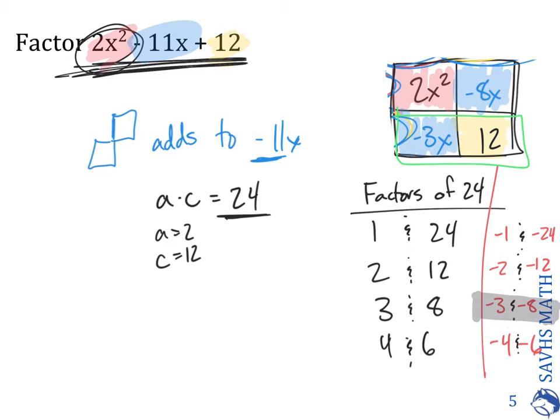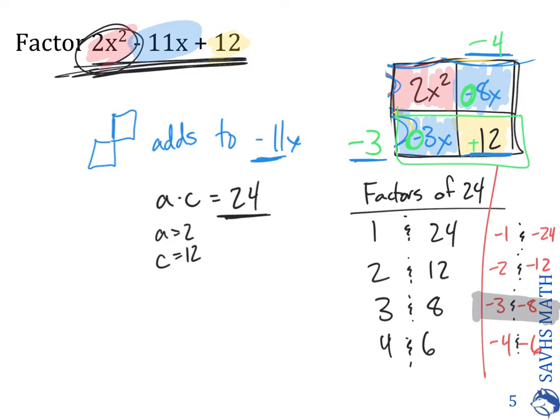But I'm going to use the negative right here, because that's an indication that something has to be negative at some point. This negative also gives you an indication that something up here has to be negative. And it makes sense because this is a positive number right here. So negative 3 times this stuff has to give you positive 12. So this has to be negative 4, because negative 4 times negative 3 is positive 12.